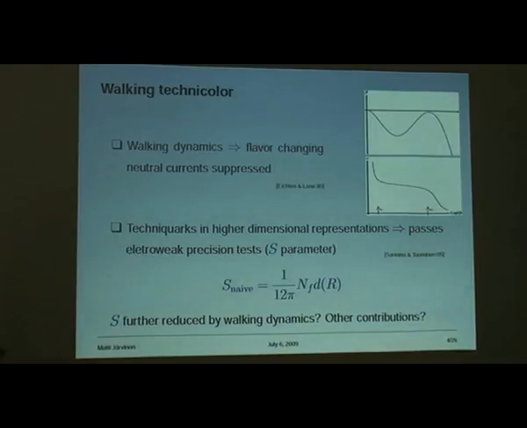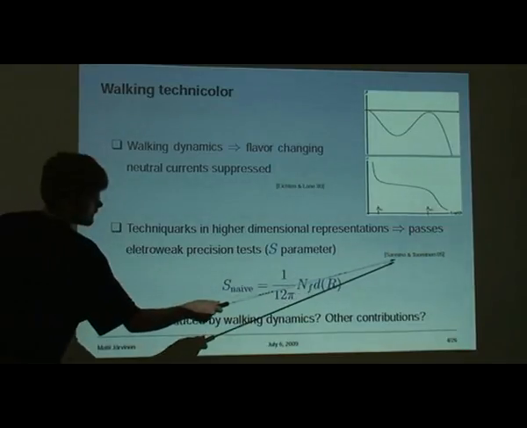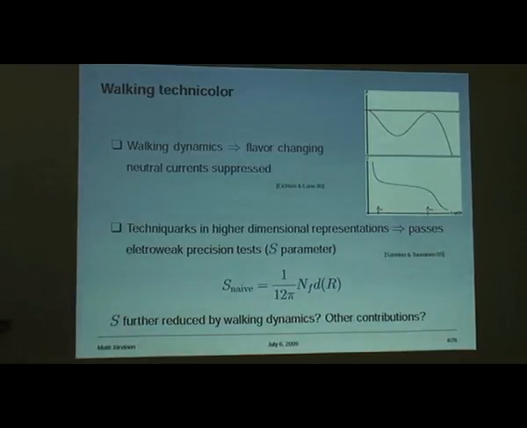But a few years ago, Sannino and Tuominen came up with this new class of theories, where the idea is that, I will show some diagrams in a minute, if the techniquarks transform in some higher dimensional representation of the technicolor gauge group, for example the adjoint representation, then you can have the walking dynamics at such a low number of fermions that the contribution to the S parameter is suppressed.